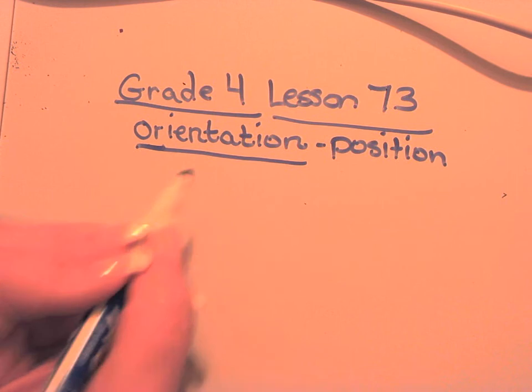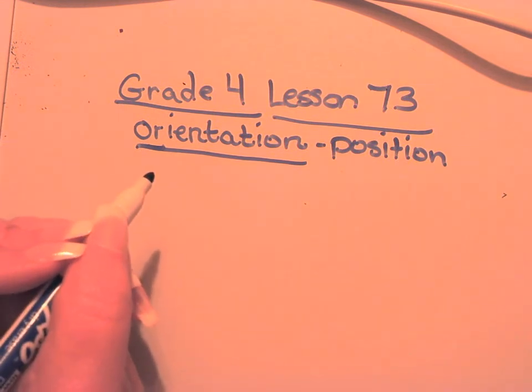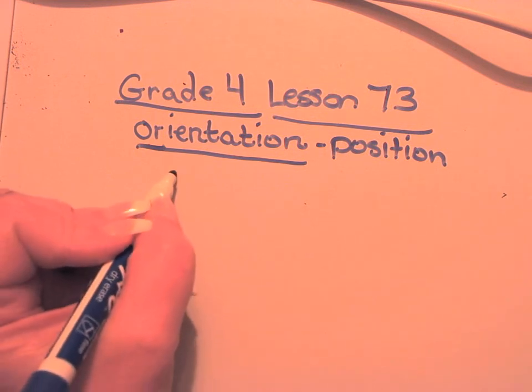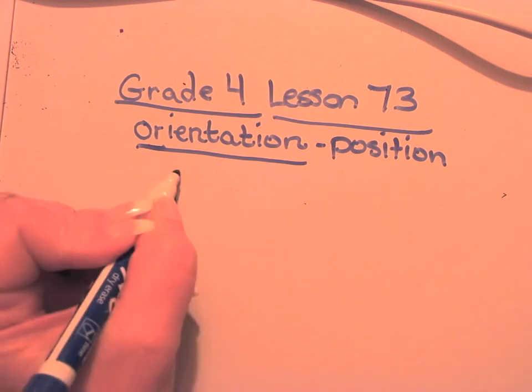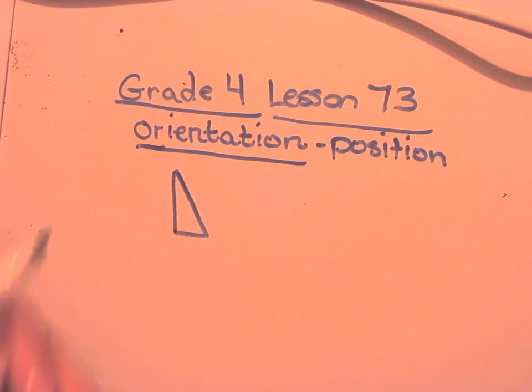Usually I would do this with our geometric board on the smart board, but I'm going to do my best to show you what this looks like on just my board. So let's say I have this triangle here.